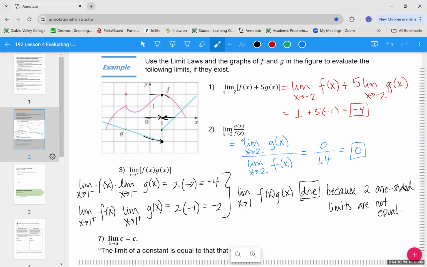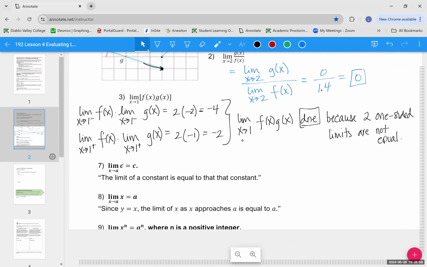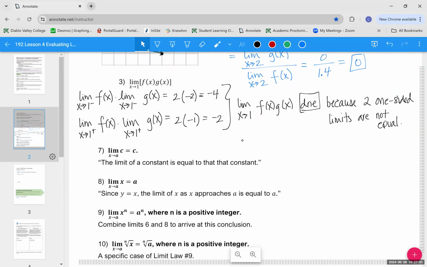So I know a lot of you in pre-calculus kind of felt like as long as you got to the answer, that's all that matters. But certainly by the time we are here, we need to be sure that we are including all of the reasoning behind and all of the notation behind what we're actually doing. It's a critical aspect of some of these limit calculations.